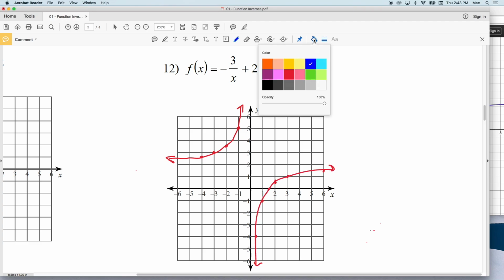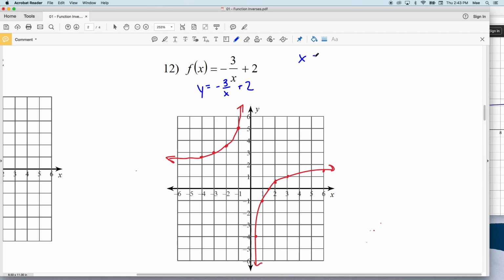Now I'm going to solve for the inverse of the function. Y equals negative 3 over x plus 2. Switching x and y, I'll have x equal to negative 3 over y plus 2. So I'll subtract 2 from both sides to get x minus 2 equal to negative 3 over y. I'll need to multiply by y in order to get it out of the denominator.